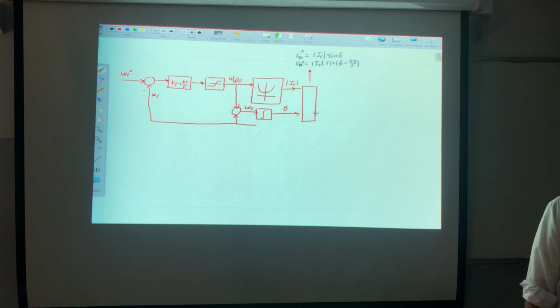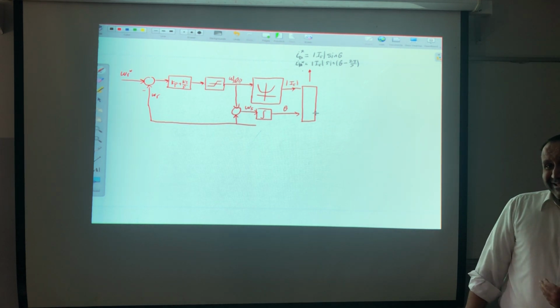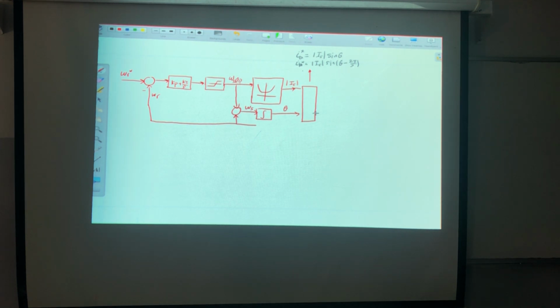If we go 2 steps back, do you remember the DC drive, the chopper control DC drive? In the current control we have either hysteresis current control or PI plus pulse width modulation.